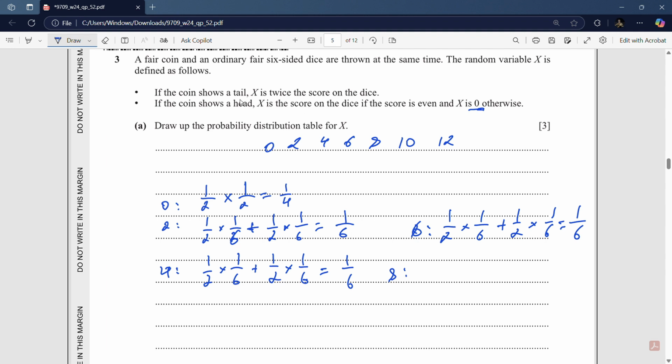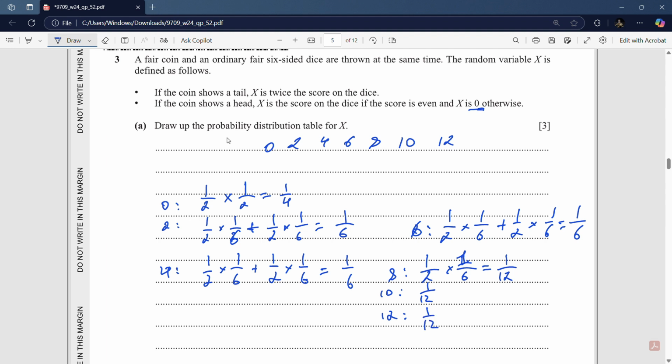So we can get 8 from only the other way: if the coin shows a tail, x is twice the score on the dice. So it should show a tail multiplied by twice the score on the dice, and we should get 4 from 6 numbers. So it's 1 over 12. And the same logic goes for 10 and 12 also, as they are greater than 6, and we don't have a number greater than 6 on the dice.